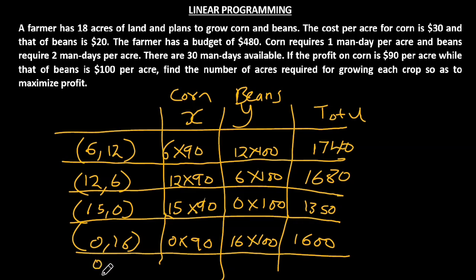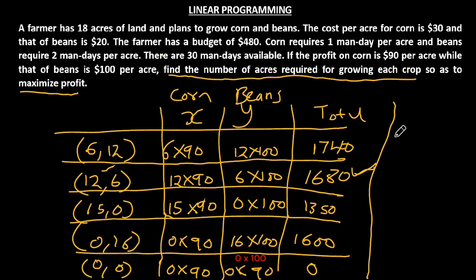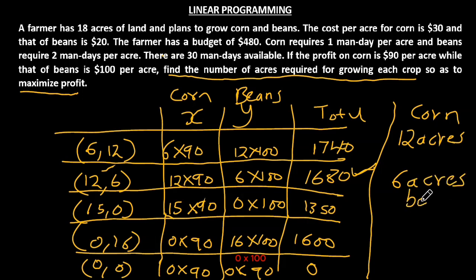The last coordinate is (0, 0), and if I look at it, it is 0 times 90 plus 0 times 100, and if I calculate, my answer comes to 0. So I look at my totals here. Which one is the largest total? This is the largest total, which is 1680. So I will need 12 acres of corn, and I will also need 6 acres of beans so that I can maximize the profit.